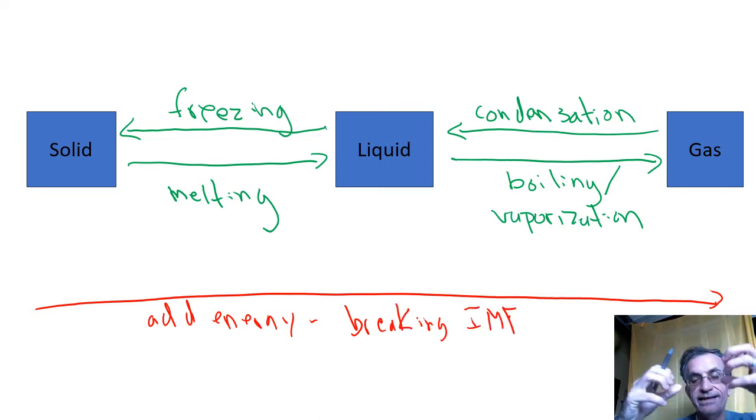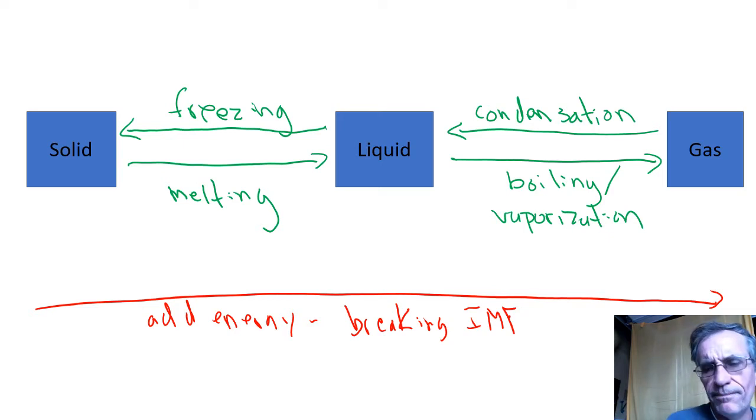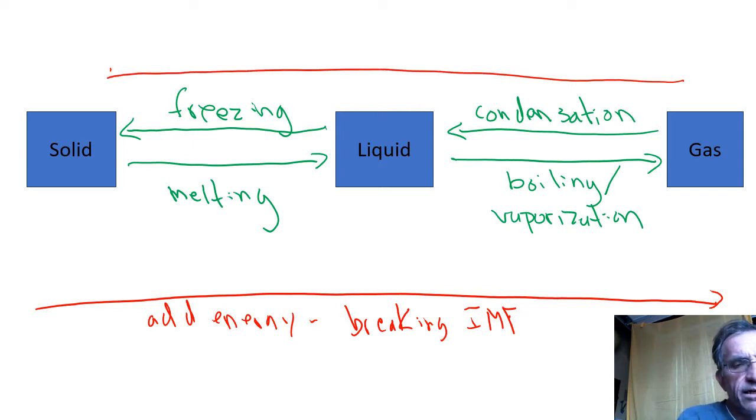So you're splitting apart the molecules to get it to turn into a liquid or a gas. Now, if we go the other way, if you take a gas and turn it into a liquid or a liquid into a solid, you actually have to cool things down, right? Another way of saying that is you're removing energy.